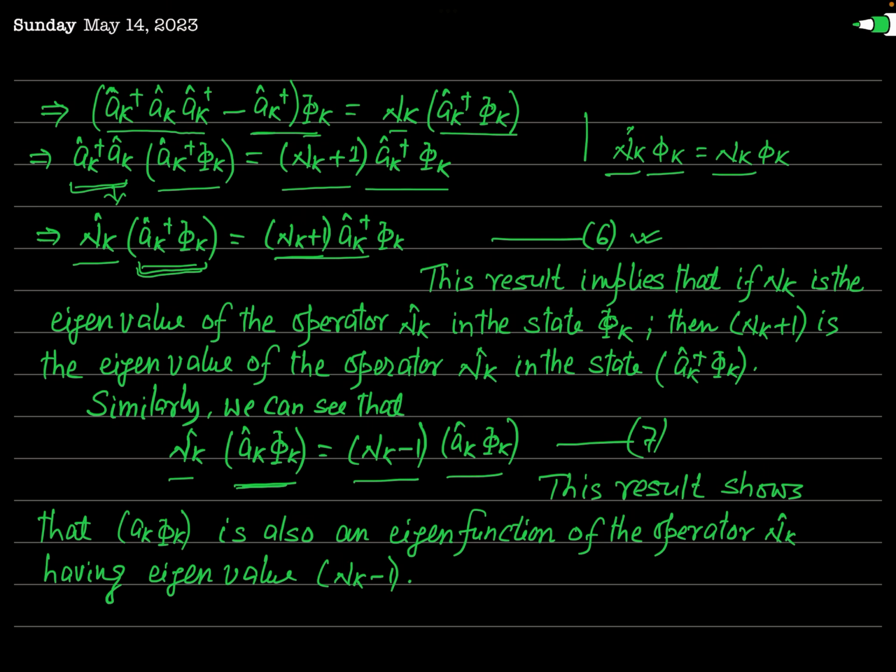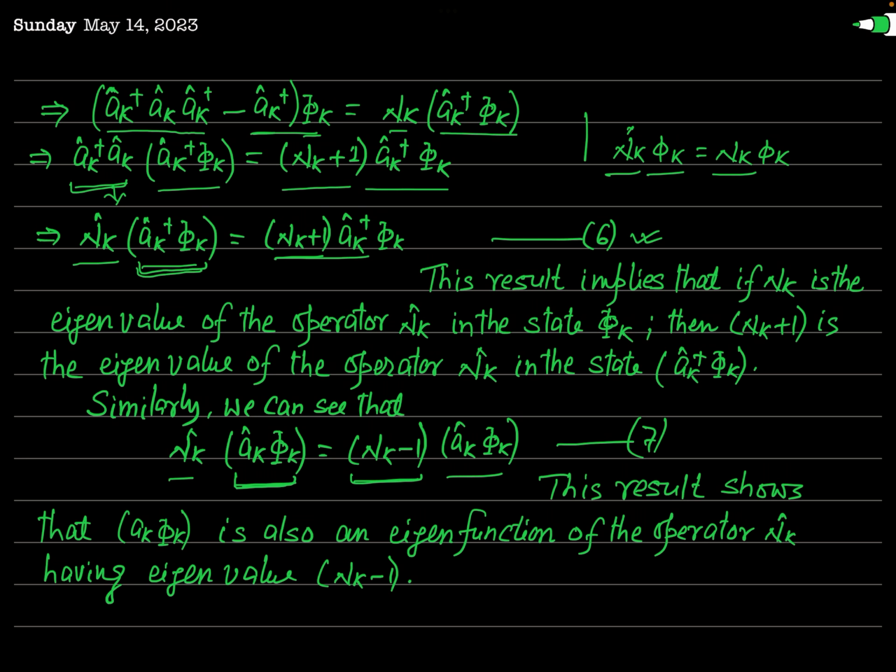So ak phi k is also an eigenvector of the operator nk hat, with eigenvalue nk minus 1.